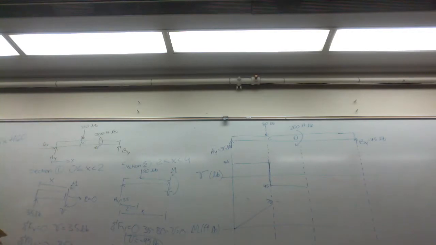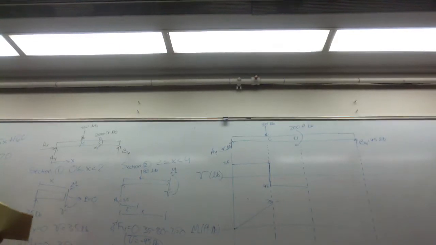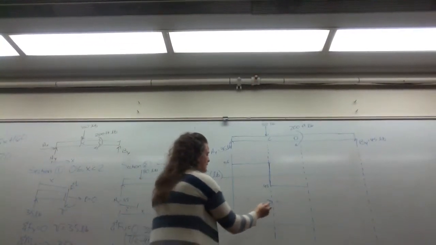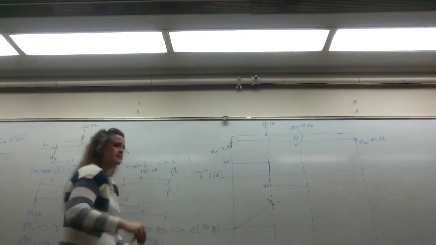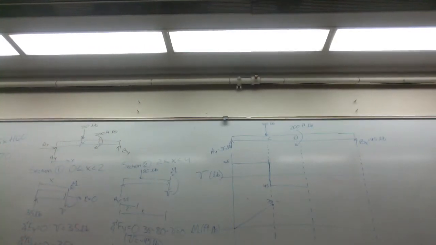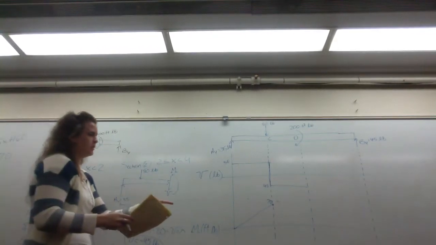So our bending moment, negative 45x plus 160. So your bending moment when x equals 2 is 70. Right? And it sure as heck better be 70, because this applied point load is not going to immediately change your moment.